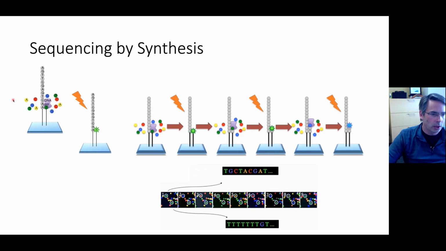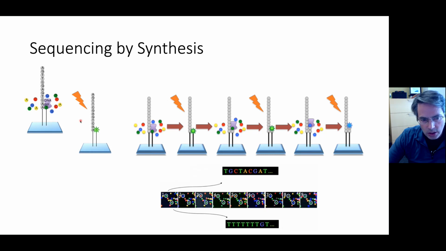What you're doing is basically throwing in A, C, G, T that all have fluorescent molecules attached to them. When the DNA polymerase finds the complement, as it synthesizes the complementary strand of DNA, you shoot it with a laser, and it fluoresces the color of that nucleotide. And you just repeat this over and over again.